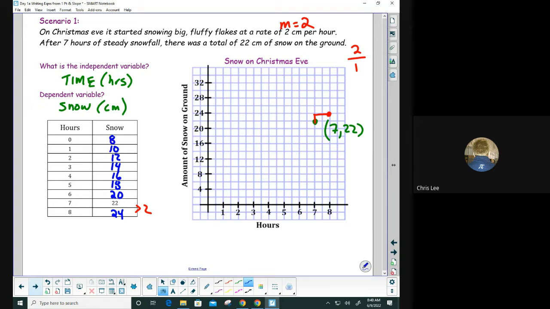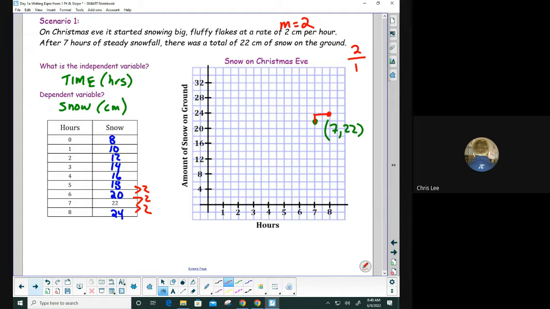Does 8 sound familiar? That was the answer that we got when we did it on the whiteboard. We just went all the way back to the 0 moment, when time was 0, the initial value before it started snowing. We're able to figure out the 8.